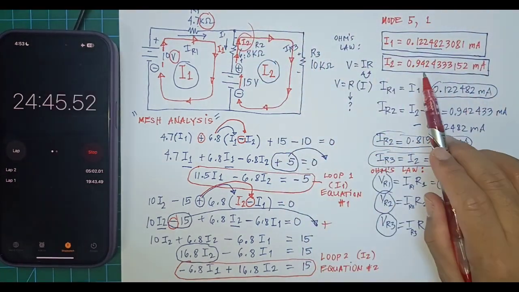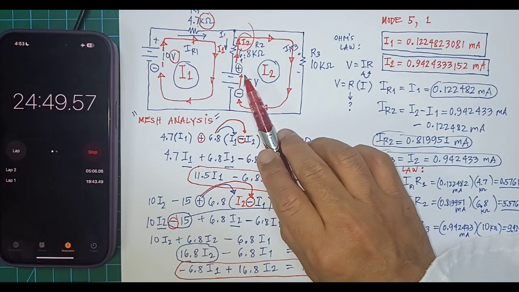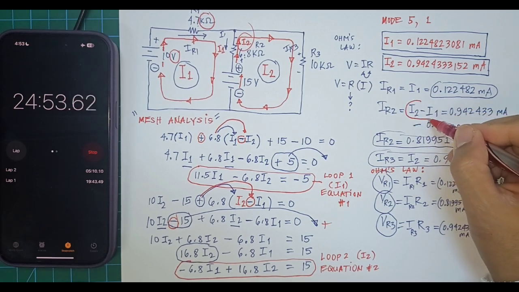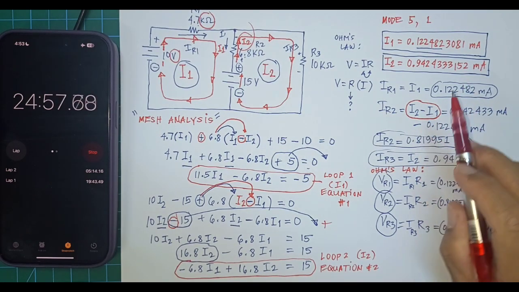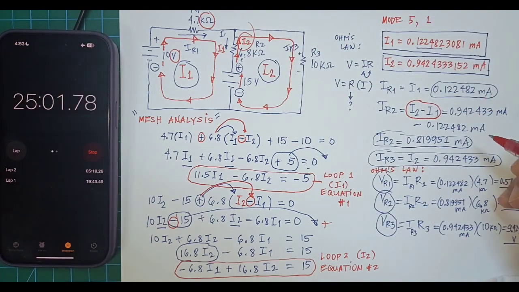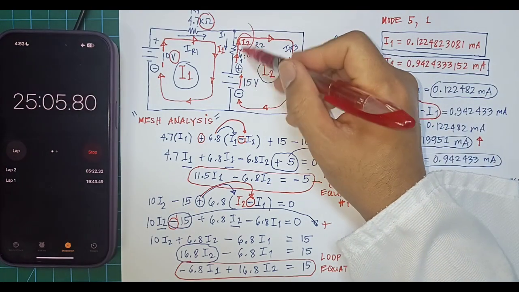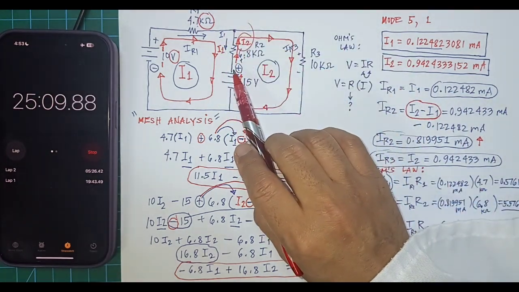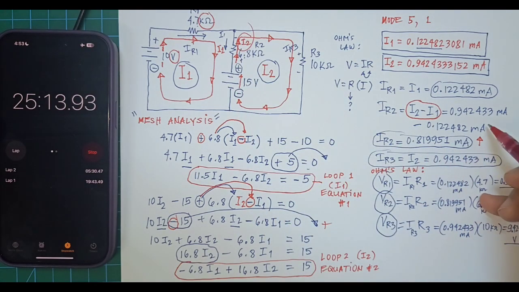And since I2 is bigger than I1, 0.9 bigger than 0.1, it will become I2 minus I1 because this is bigger. And so the direction of I2, we know also is going up. This current will go up. Although there's a current going down, the current that will be here would be 0.8 milliamperes, which is going up.